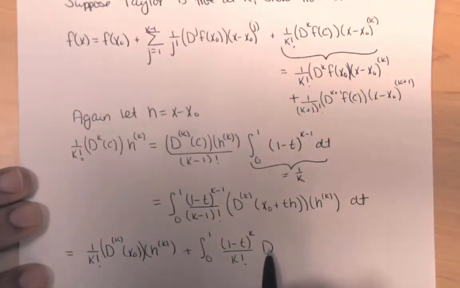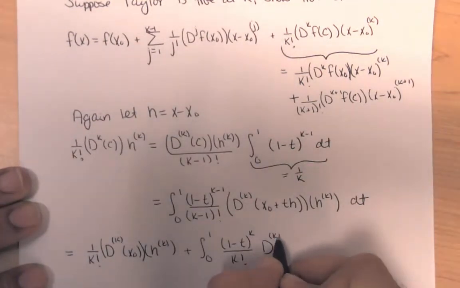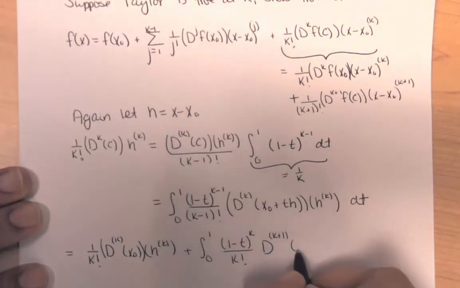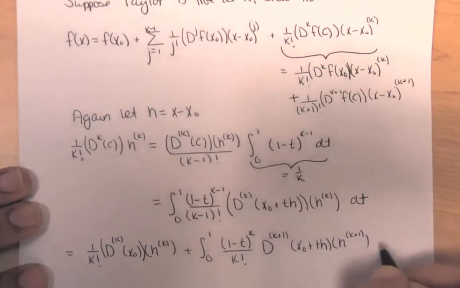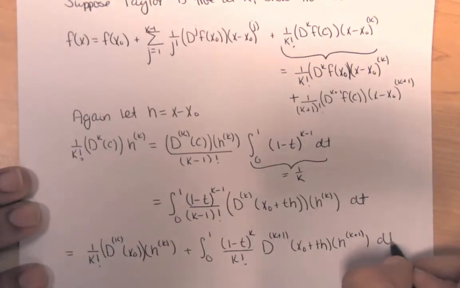This is u, so here's going to be my du, right? It's going to be a higher order derivative, at x naught plus th, times another h. So h to the k plus 1 tuple dt.